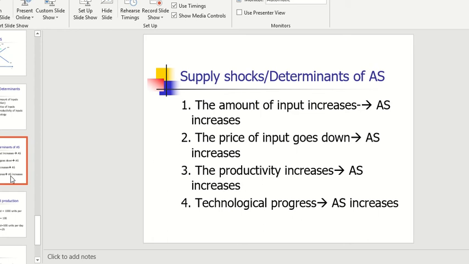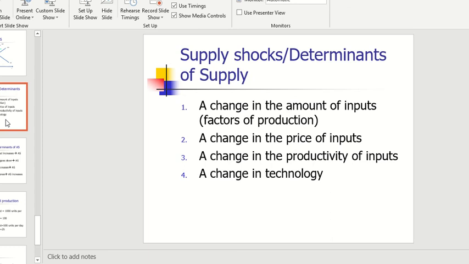As each worker or each unit of input can produce more goods and services, obviously the amount of goods and services that can be produced will increase. So the productivity increases, aggregate supply increases. So next we're going to talk about the last one, a change in technology.